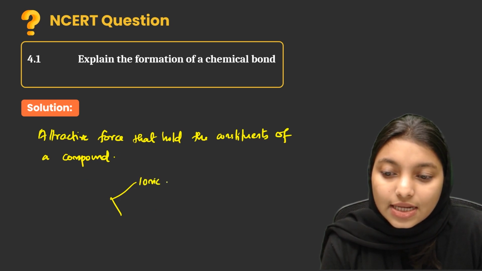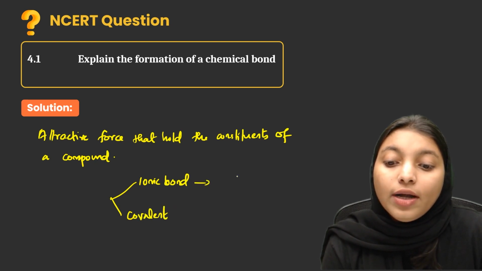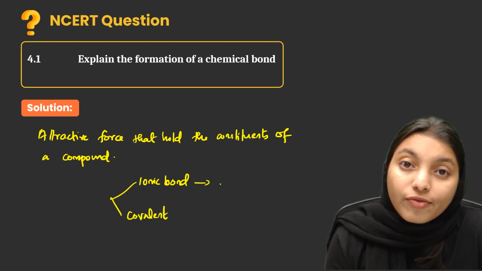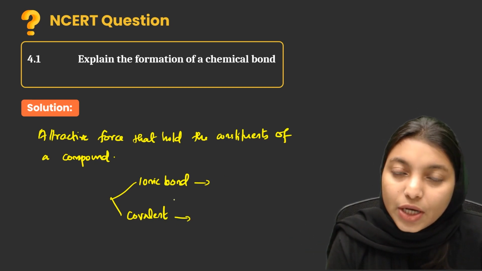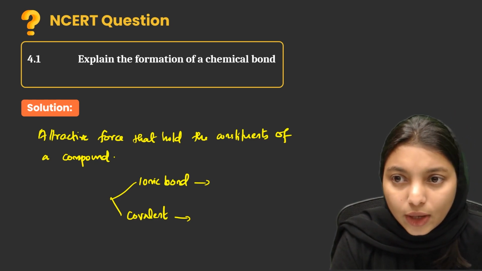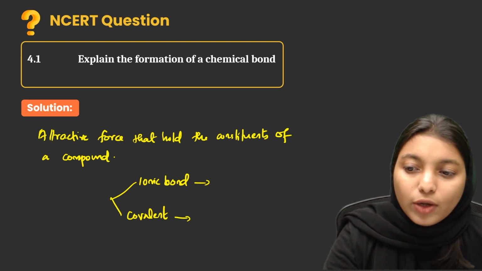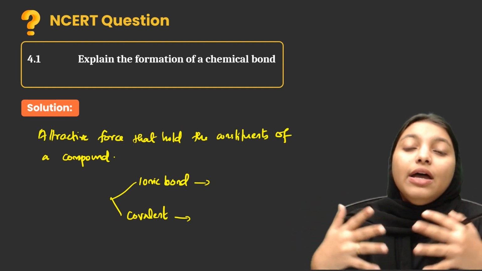Broadly I am classifying them as ionic bond and covalent bond. In ionic bond, losing or gaining of electron is happening, whereas in covalent bond, sharing of electrons is happening. In covalent bond, we have different types of bonds as well. So the idea of a chemical bond is that it is the attractive force that holds the constituents of a compound together.